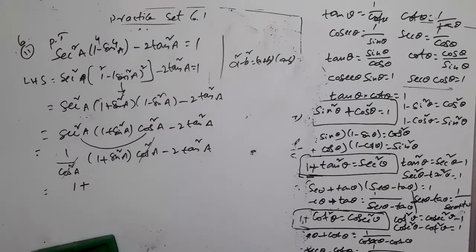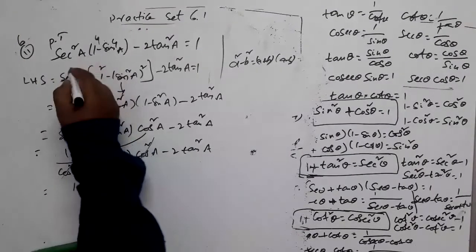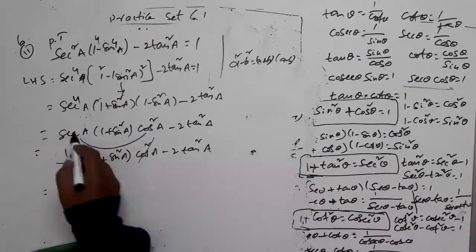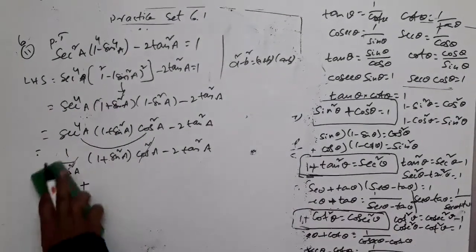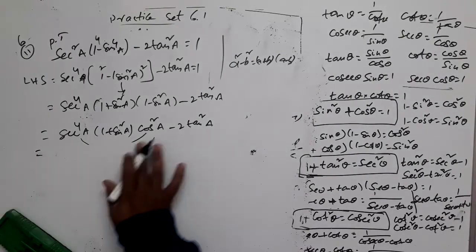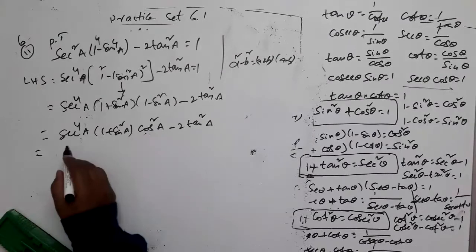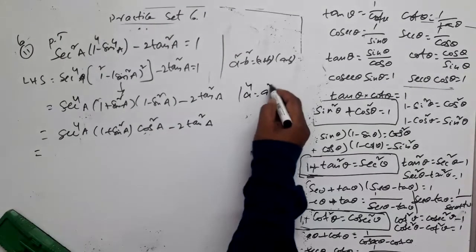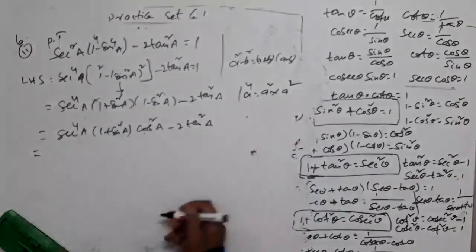What is given? Secant power 4A, sorry, this is secant power 4A, right? This is 4. This is also 4. So this I am writing now. A power 4, can I write it as A square multiplied by A square?